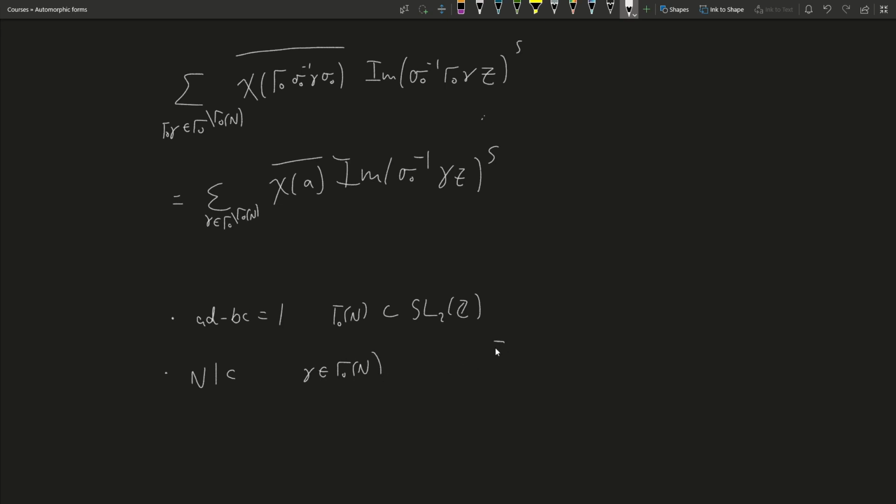And what these two facts together imply is that A is equal to D inverse mod n, right? Because this term doesn't appear, so you have AD equals 1 mod n. So this chi of A is chi of D inverse. And it's conjugated. So these two inverses essentially cancel each other out, because that's how Dirichlet characters work.